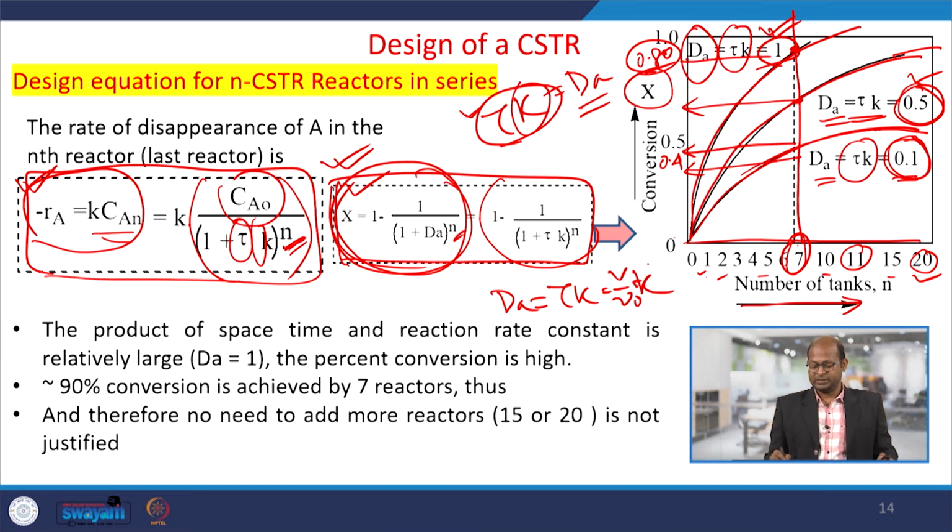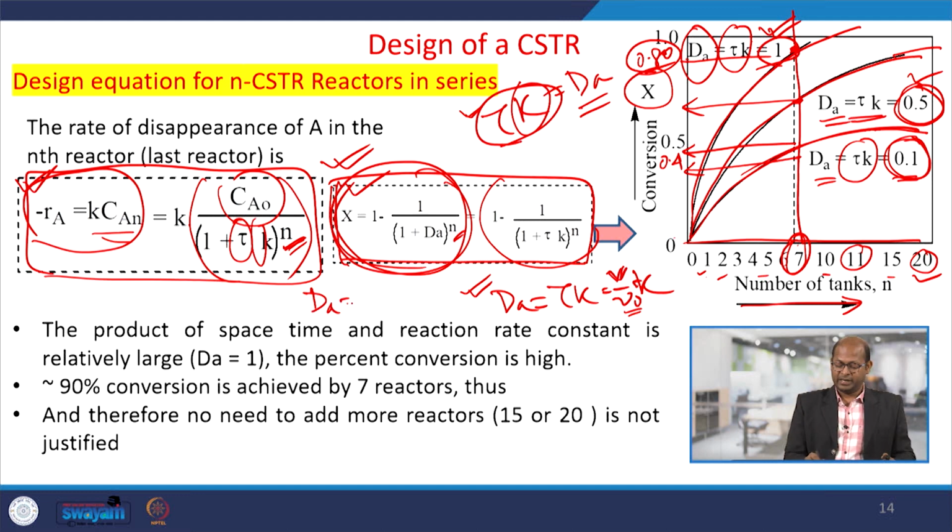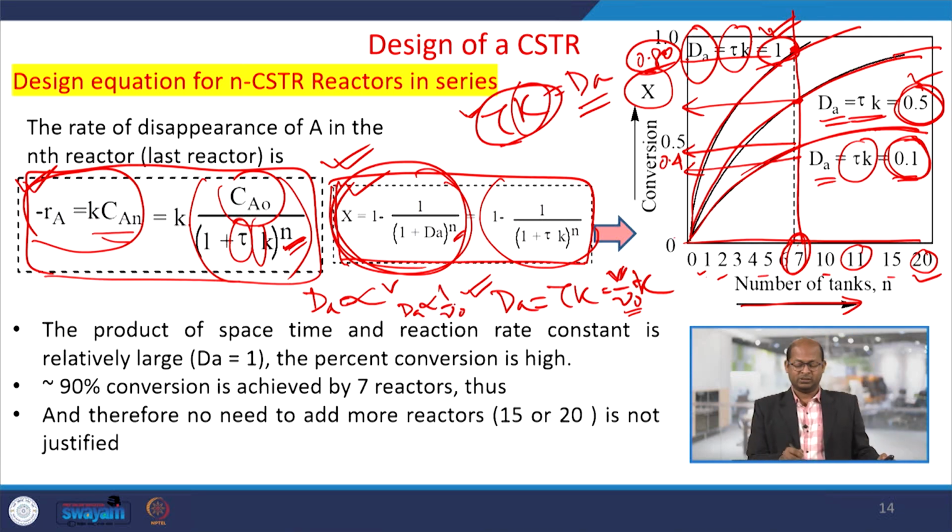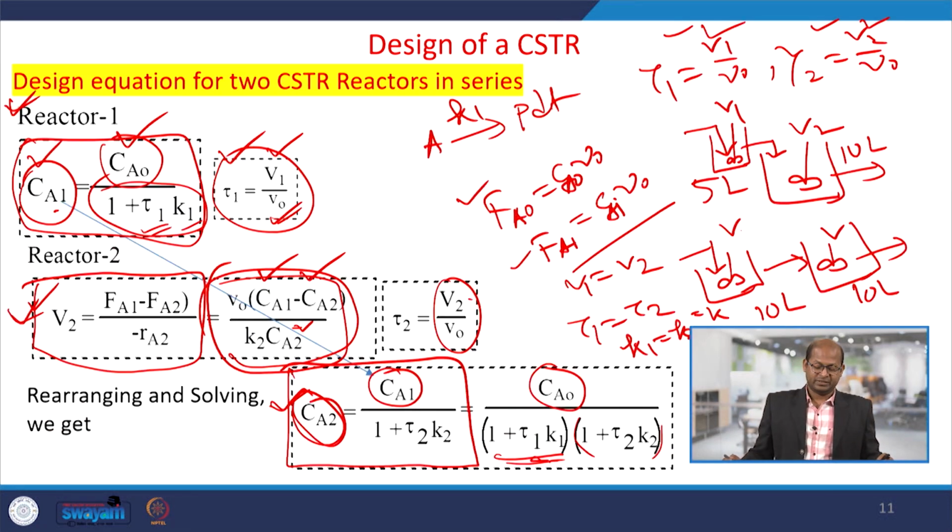K we cannot change, but the volume we can increase. If we increase the volume, then the Da value will increase. If the V naught value decreases, then the Da value will also increase. So Da is directly proportional to the volume of the reactor, which we can change, and inversely proportional to V naught, so either way we can control the reactant feed stream.